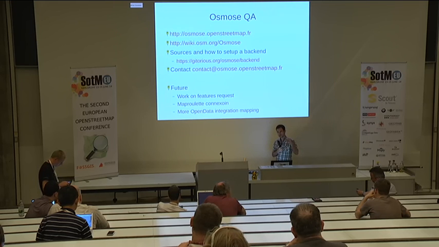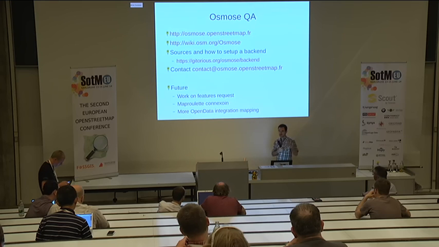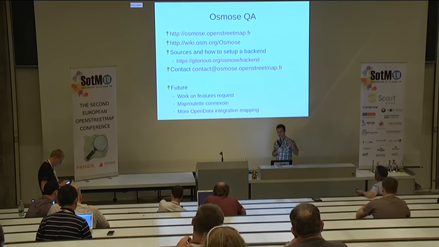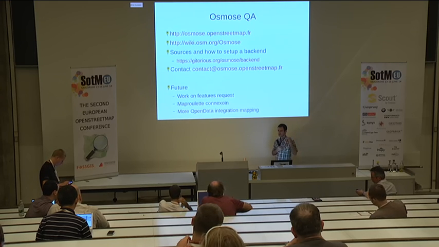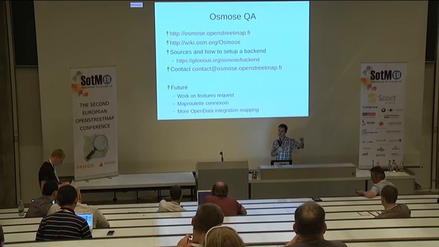And then it's really simple to convert the result of the query to the error. And the final way is to write a program that produces an XML file to send to the front end. There is a standard file you can upload to the front end and add your error on Osmose.